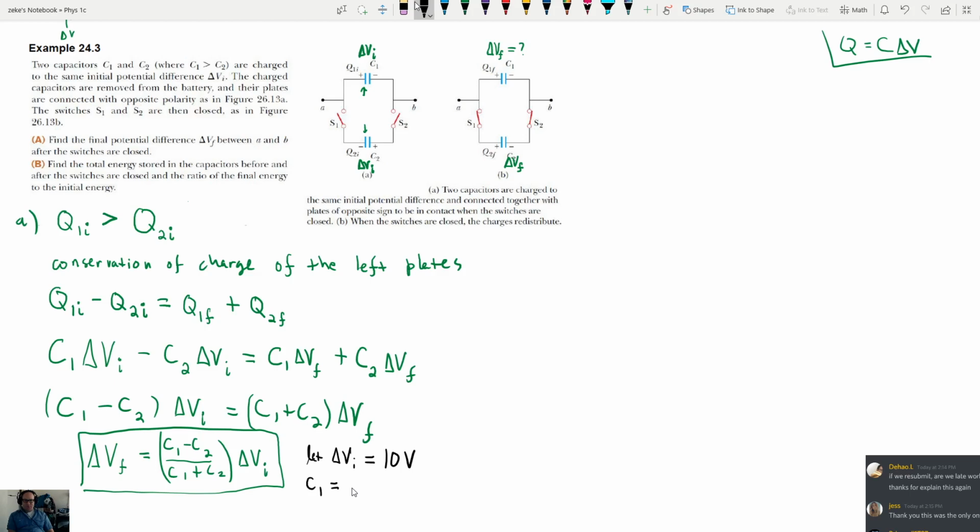So let's pick simple numbers like 2 microfarads for C1, and we'll make C2 equal to 1 microfarad. Given those values, what would delta V final be?